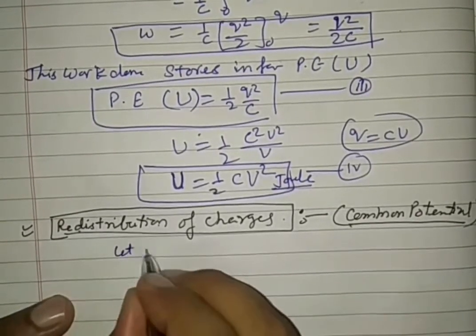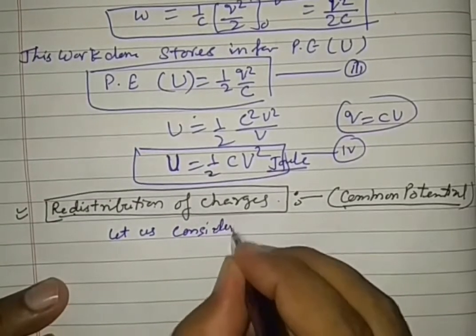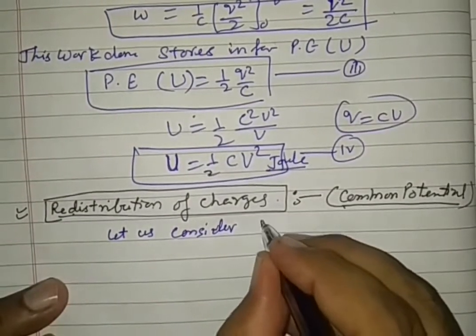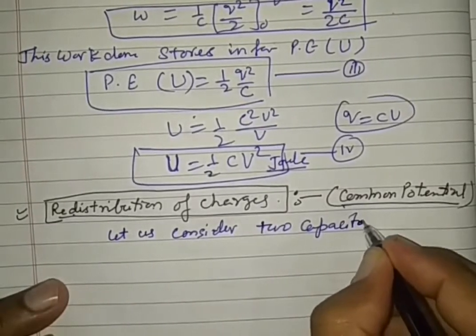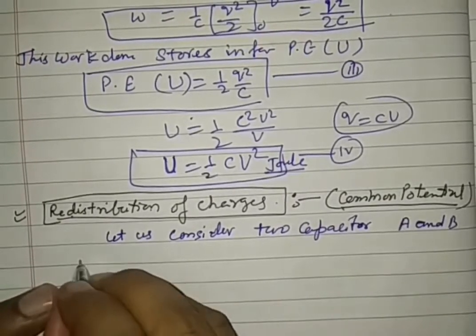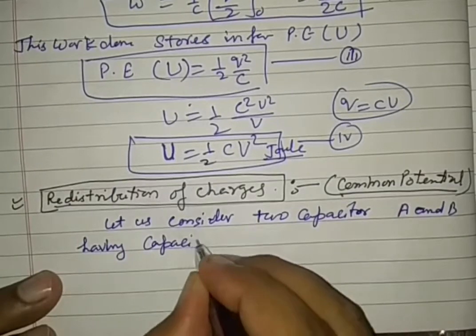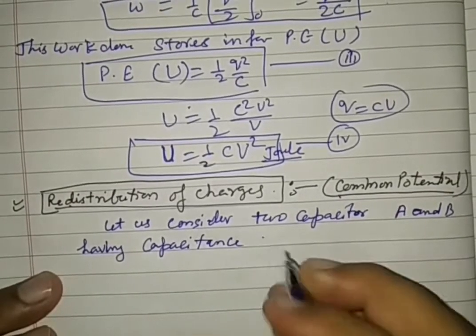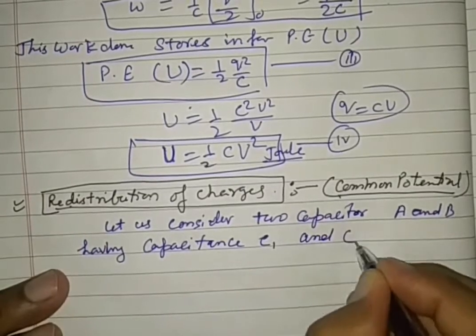So let us consider two capacitors, A and B, having capacitances C1 and C2.